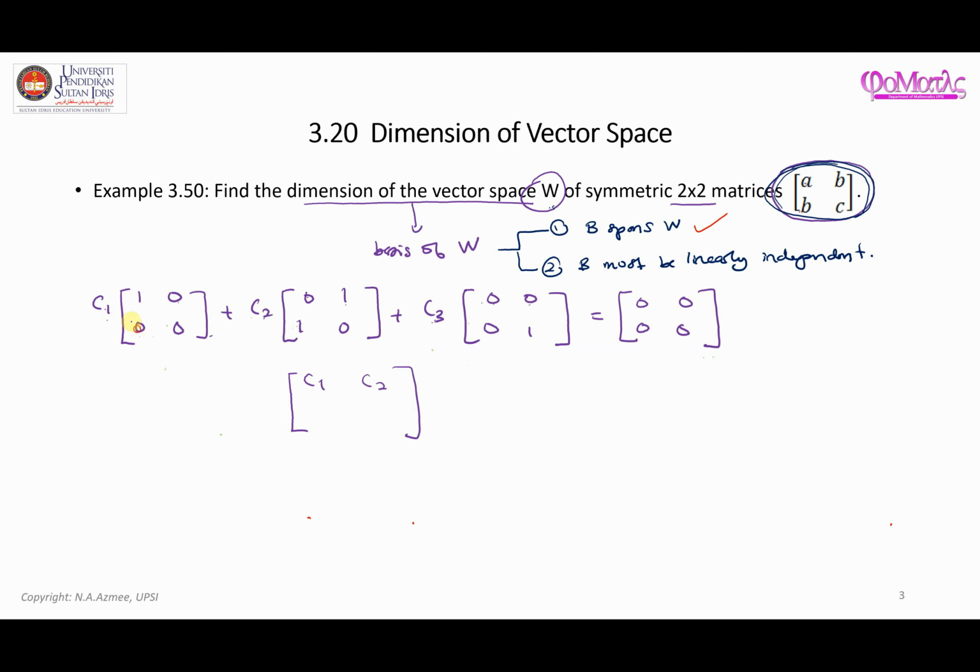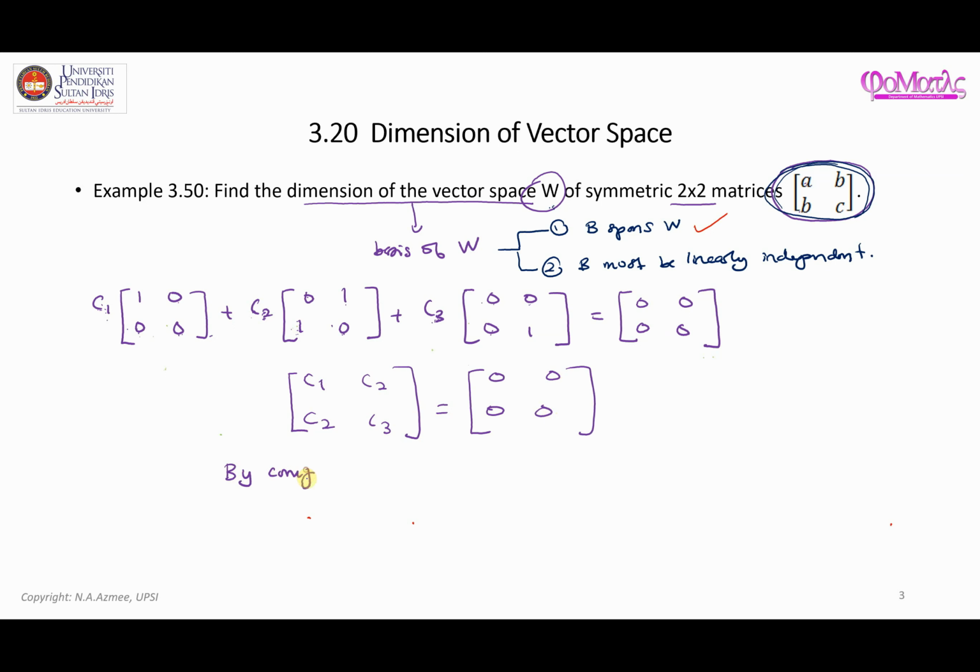For this one here, this and this is 0. This and this is C2 plus 0. So here is C2. Okay. And finally, C1 times 0 is 0. This one is also 0. This one and this one is C3. So this is what I've got so far.